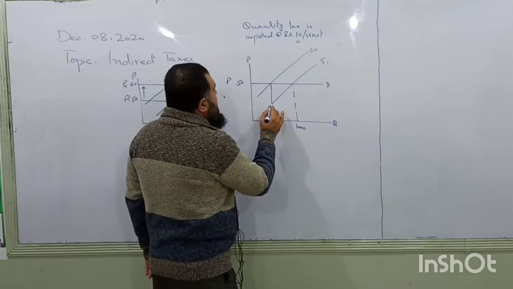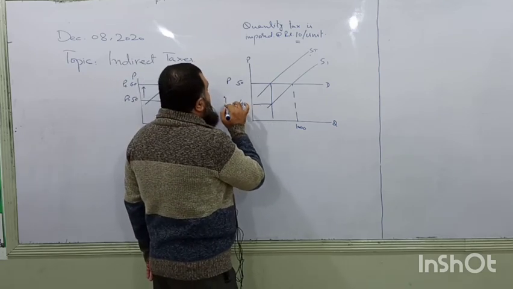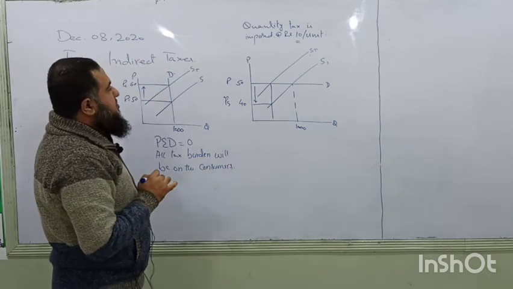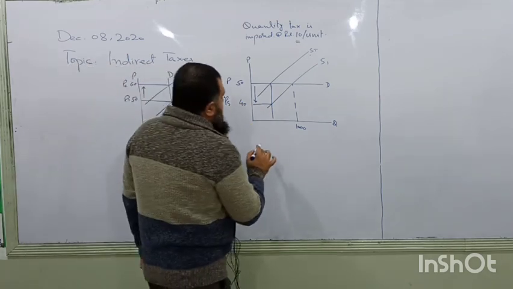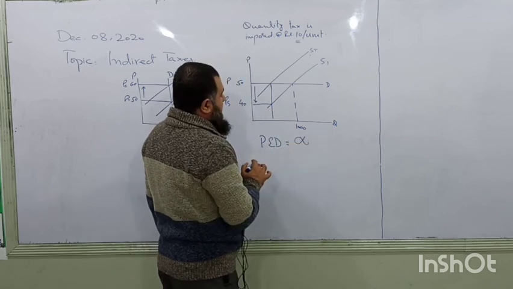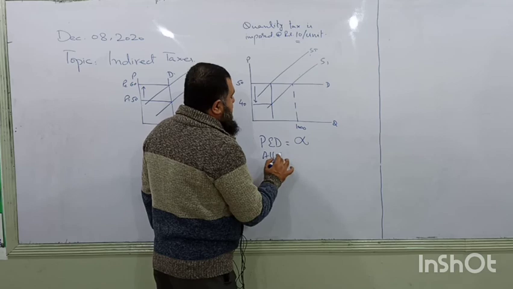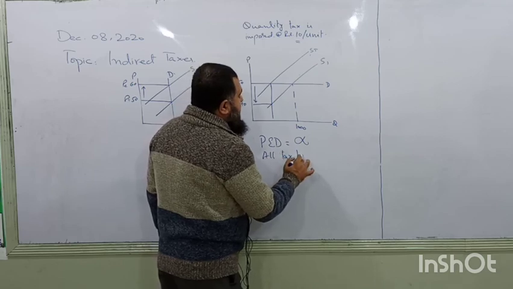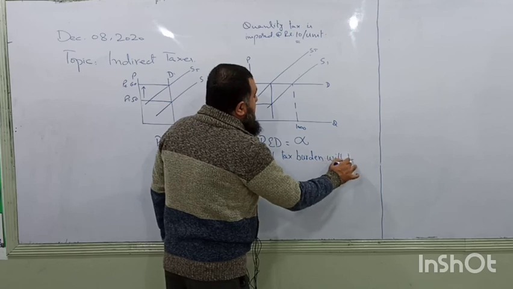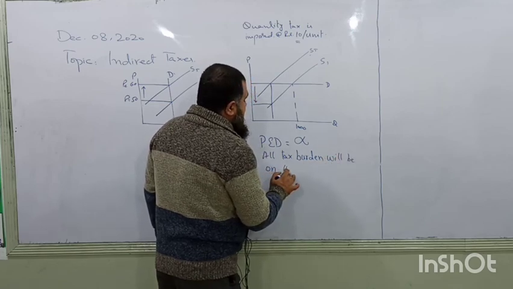So all the tax will be paid by the seller. When price elasticity of demand is perfectly elastic, all the tax burden will be on the sellers.